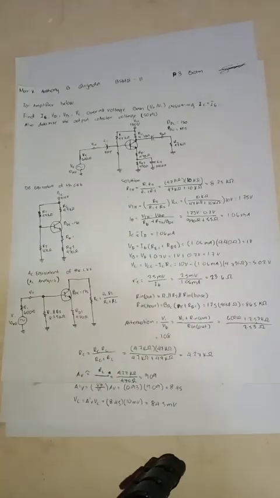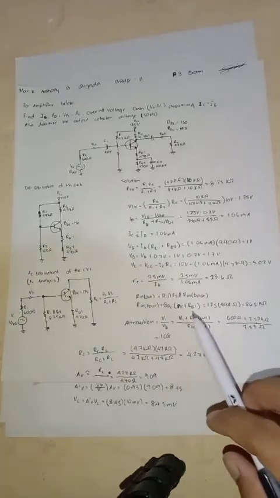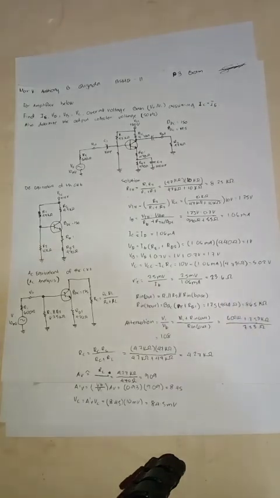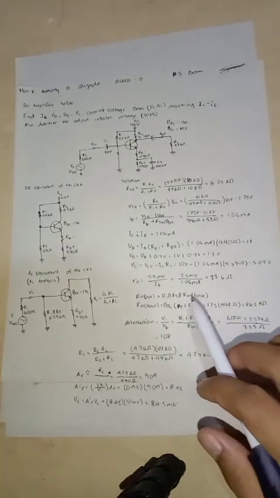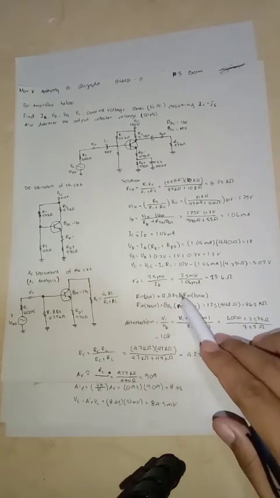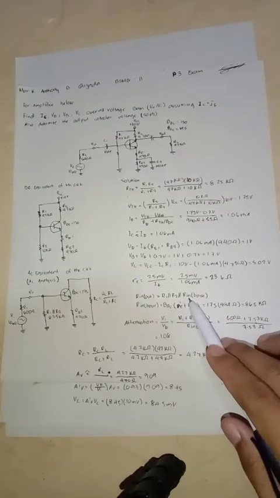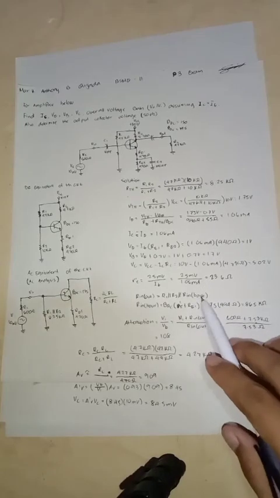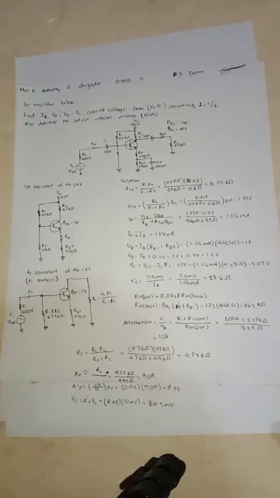Now we have to determine the base input resistance and the total input resistance. Our formula for the input resistance is R1 parallel to R2 and also parallel to our base input resistance.